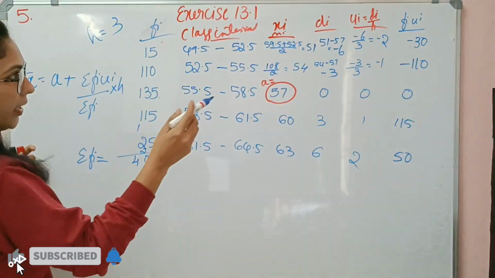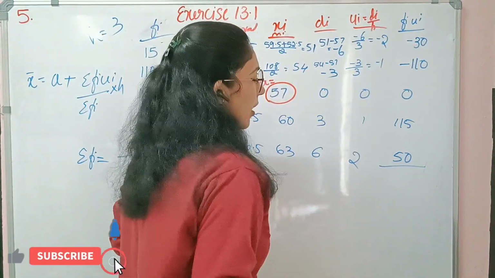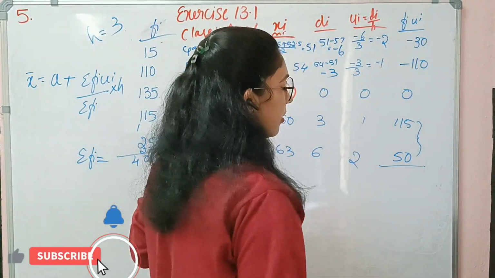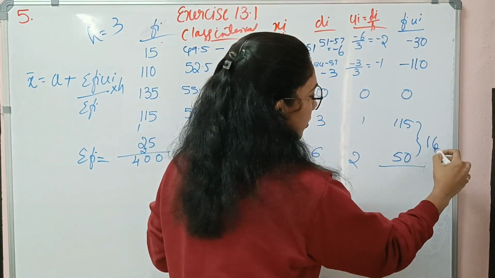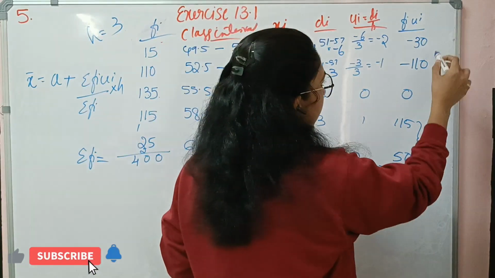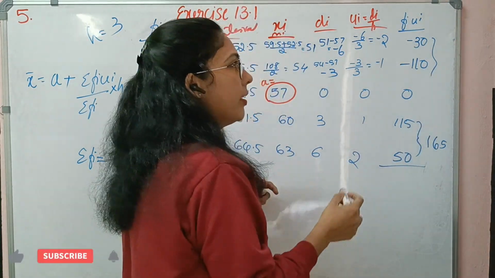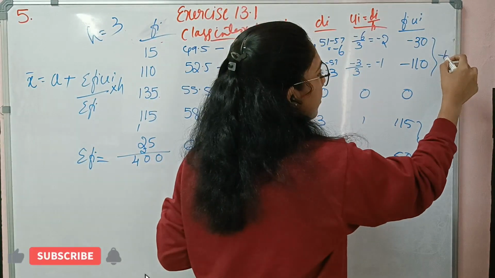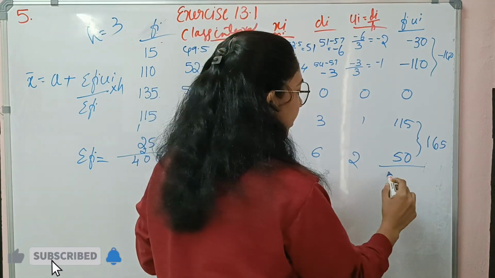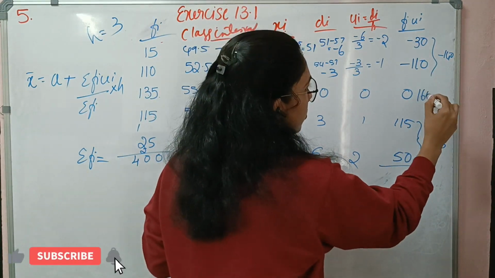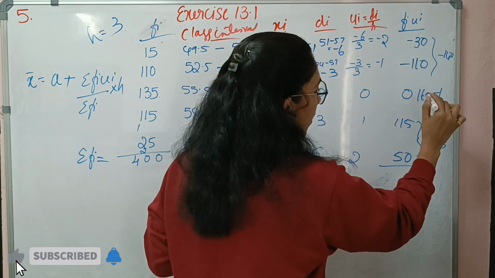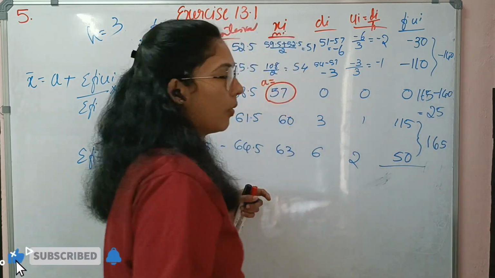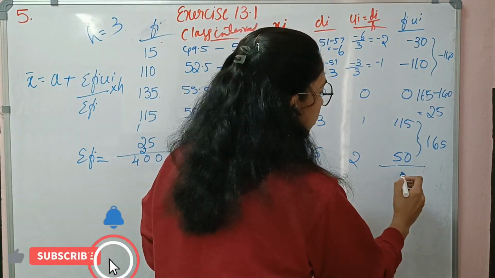What is summation fi ui? Considering the positive values, the sum is 165. And the negative values are minus 110 and minus 30, that is minus 140. On adding these two numbers, 165 minus 140, we get 25. So summation fi ui is 25.